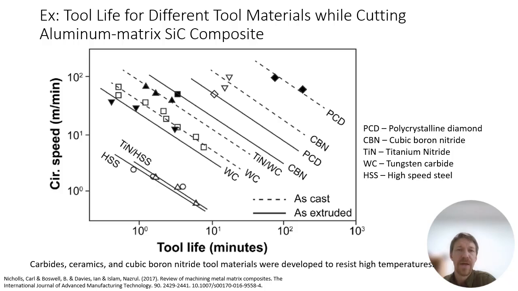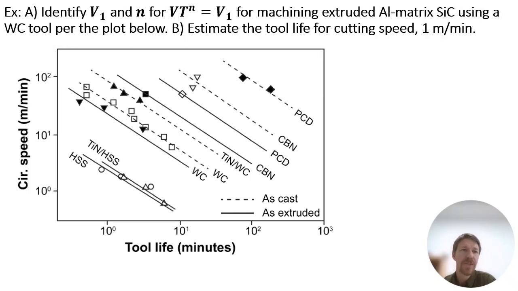We are looking at using our understanding of the Taylor tool life equation in this example. And here's our question. Identify the V1 and the exponent n for V T to the n equals V1 for machining the aluminum matrix silicon carbide, the extruded version of it, using a tungsten carbide tool for the plot below, and then estimate the tool life for a cutting speed of 1 meter per minute.